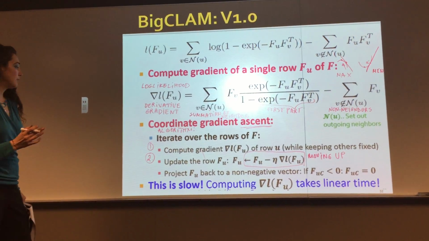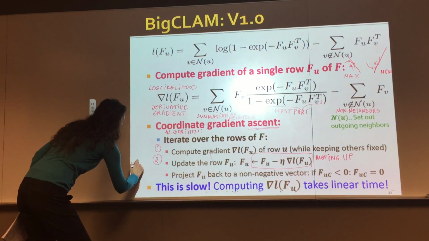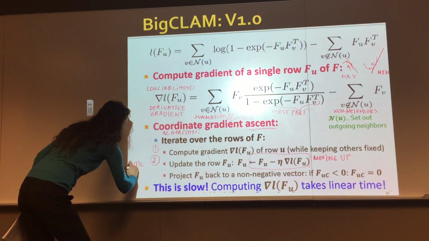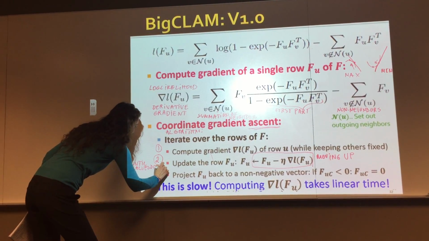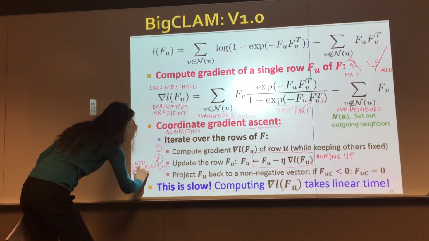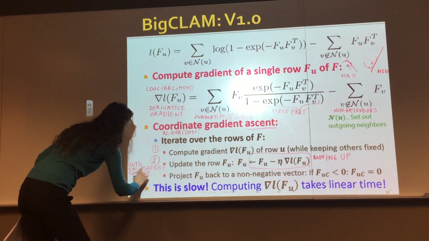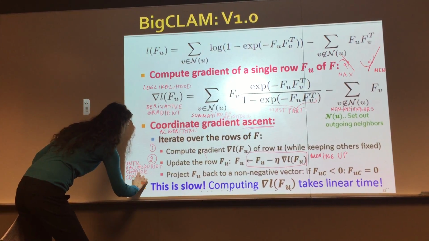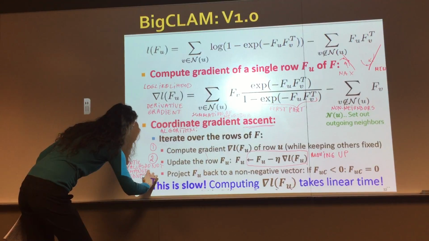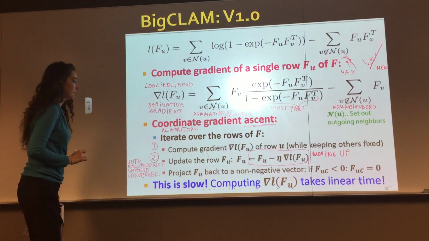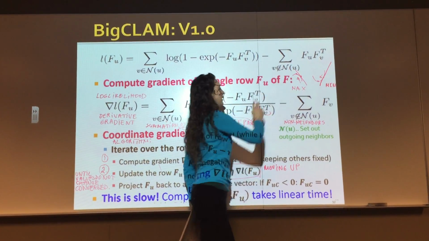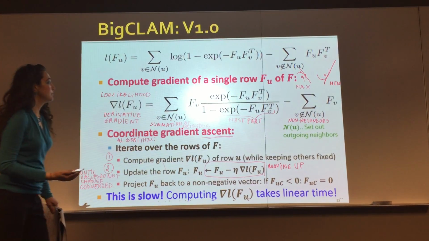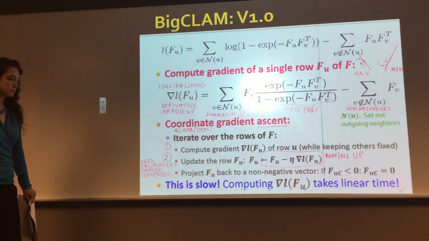And we're gonna keep moving up until values do not change. When the values do not change, we have converged, which means we have reached the maximum point and we have found the maximum of the log likelihood.